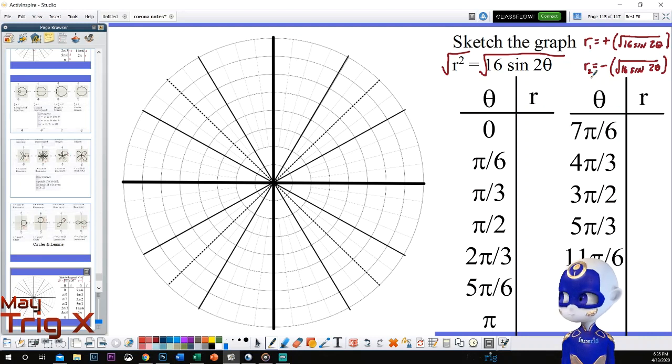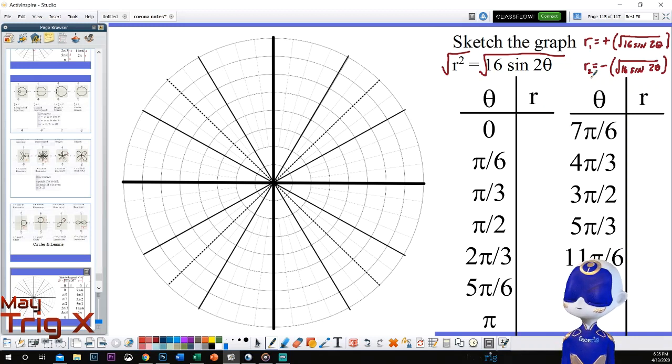Go ahead, I'll wait for you as I'm typing it in myself. Make sure you're typing that negative on the outside of the square root, otherwise you're going to get some sort of crazy error and your calculator may explode. All right, you're ready to go.